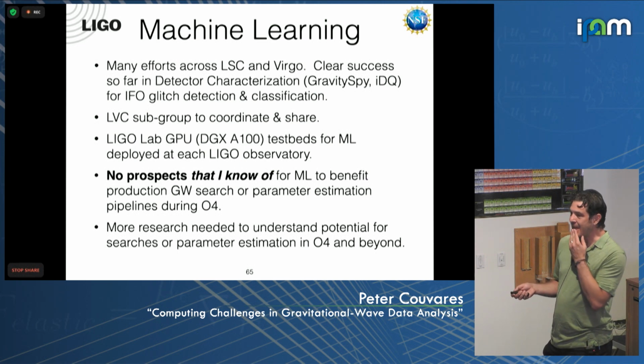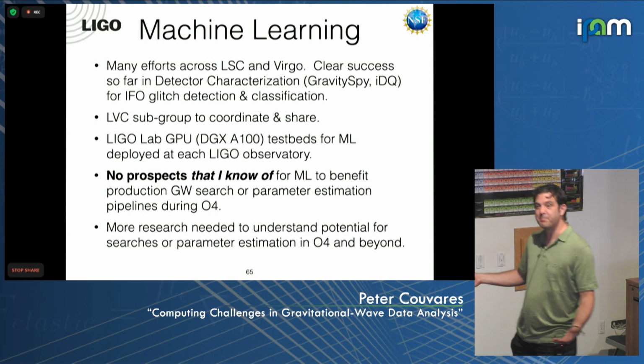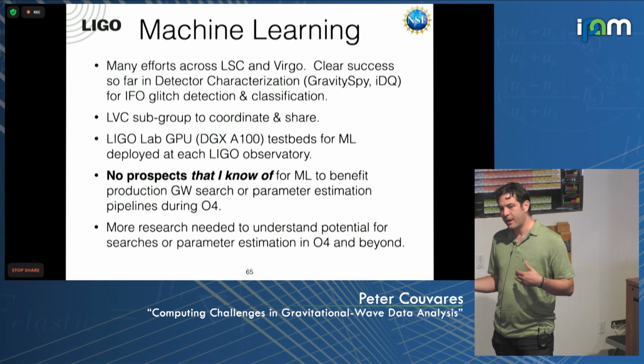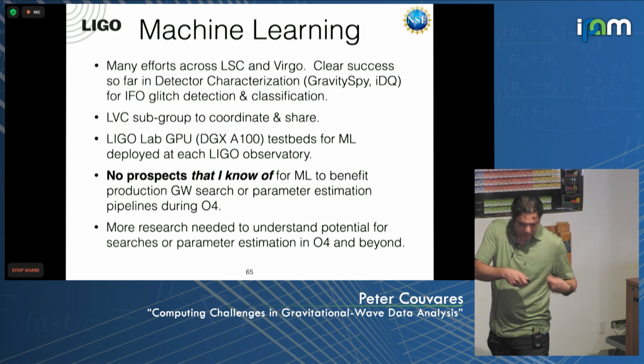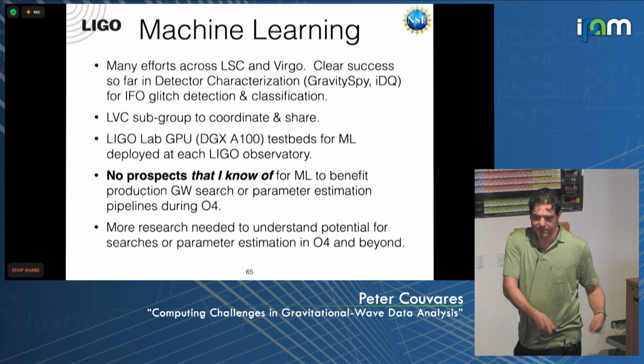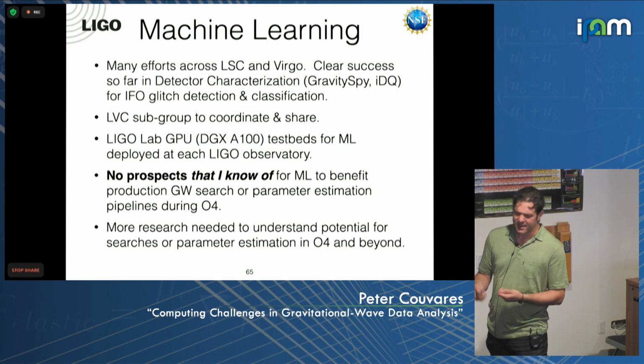So there's a lot of flash and not a lot of results yet on the search or parameter estimation side of machine learning. And I don't know that's because there can't be. I'm not a skeptic, but I just know there's a gap right now between, I think, getting back to what people are motivated by. I think there's a lot of rewards for writing the paper and not a lot of rewards for doing the work in the salt mines of putting together a production pipeline that can implement that and test it against real data.